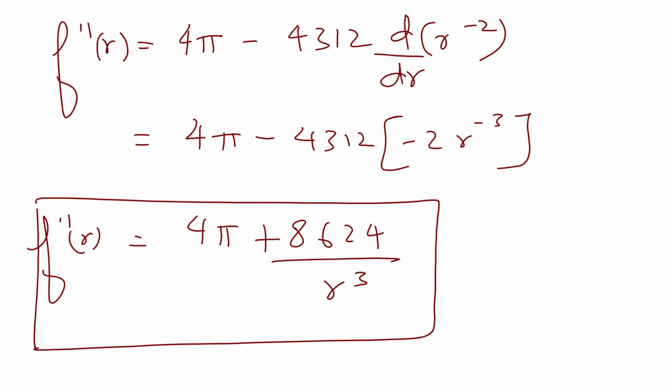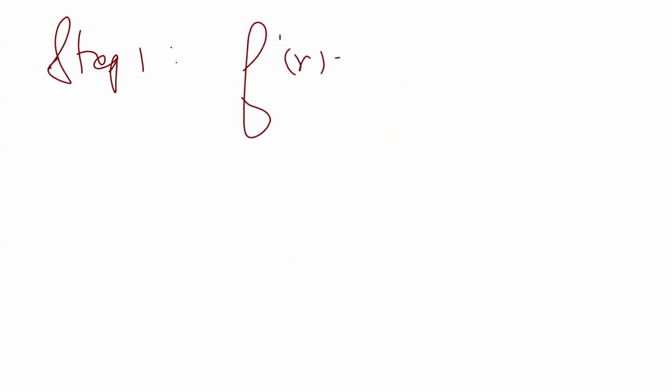Now what will we do after this? Someone tell me. Step 1: f dash r is equal to 0. They are asking us to minimize the total surface area.